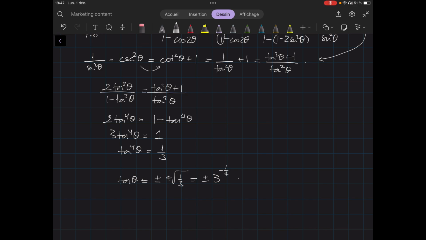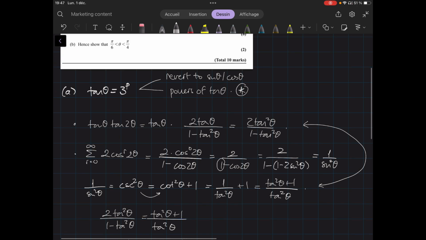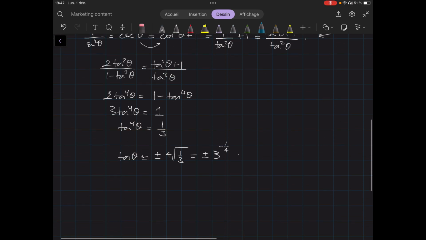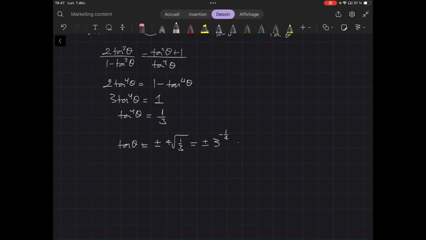Where do we go from here? Go back to our domain. We are given that theta is between 0 and pi by 2. On this interval, tan theta is strictly positive. When in doubt, sketch it out. The sketch does not have to be accurate.